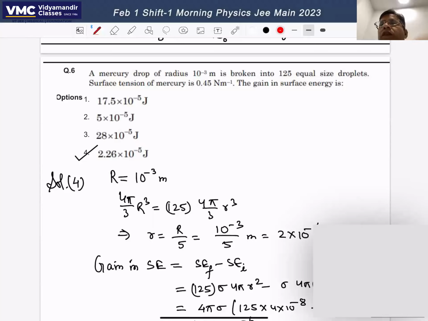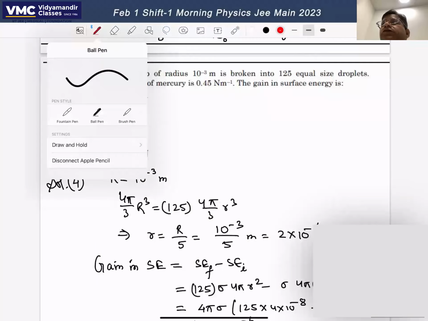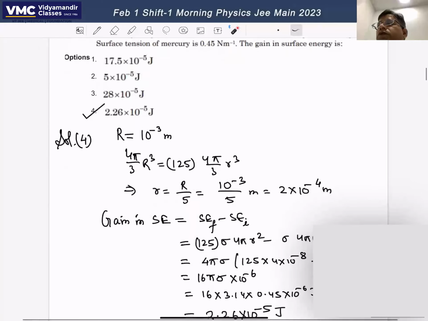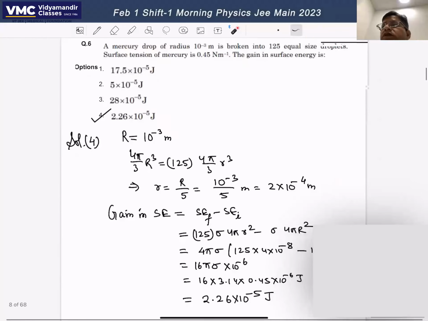Suppose the single mercury drop has radius R. Now the volume of this mercury drop will be split into 125 drops, each of volume 4 pi by 3 r cube. So from here we see that these tiny droplets have a radius R by 5, that is 2 into 10 power minus 4 meter.